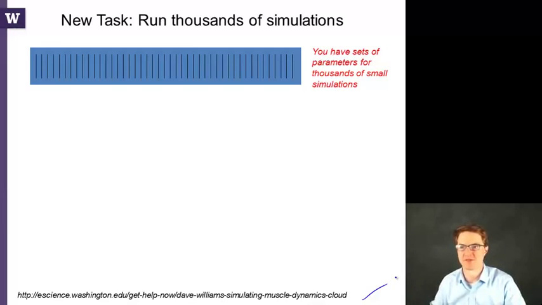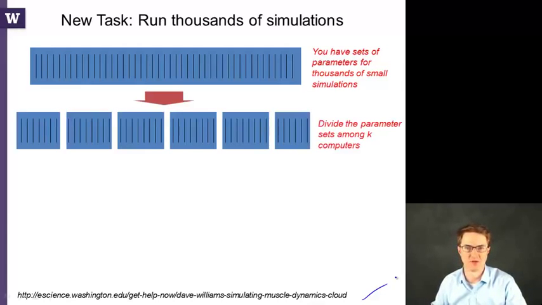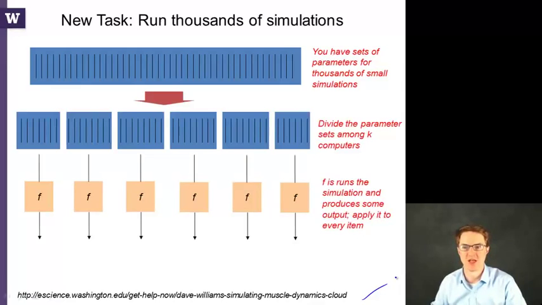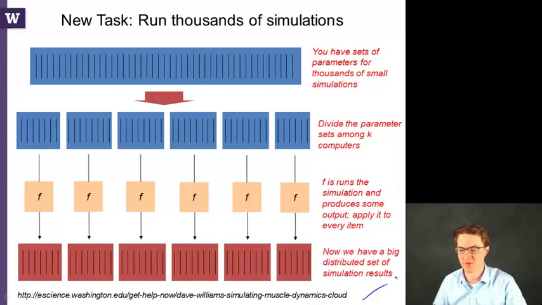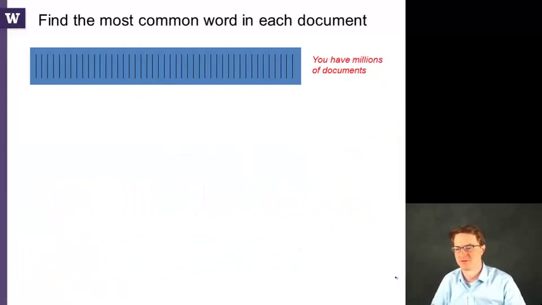So now you want to run thousands of simulations. You have a set of parameters to these simulations, and you break them into chunks and put them all on separate machines and apply the function. And here the function is actually running the simulation. What you get out is the output of the simulation distributed across all of the machines. So a pattern should be emerging here, right?